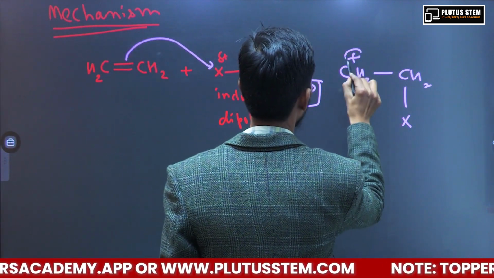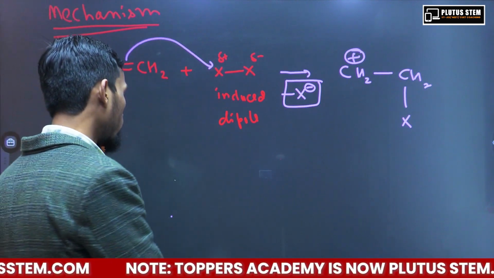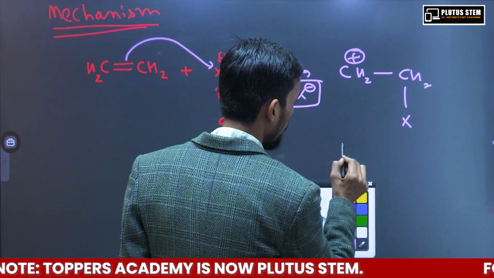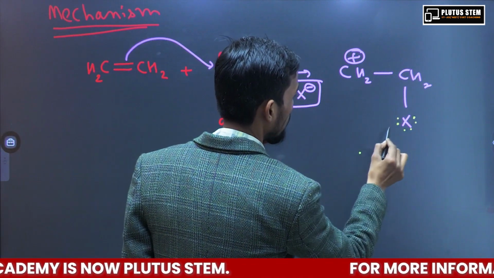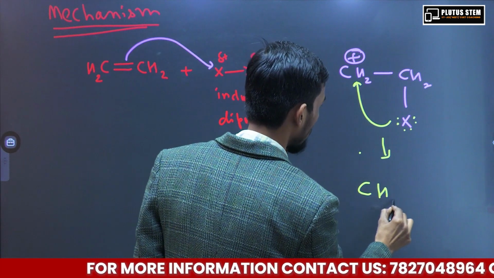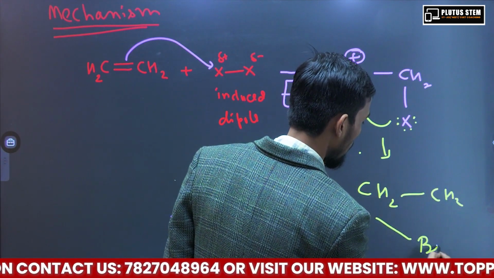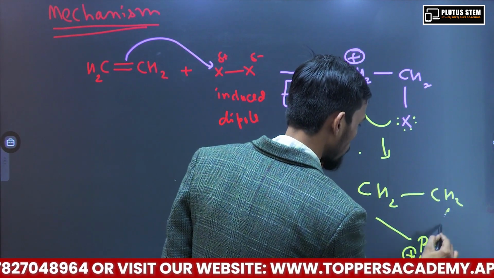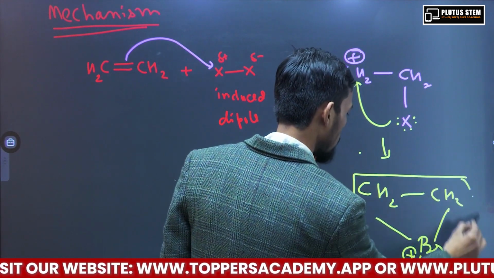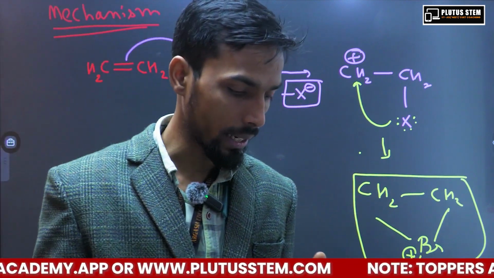So a positive charge is generated. To remove this positive charge, it is going to attack at this carbon, and we get a product like this, CH2 single bond CH2 with Br positive. A three-membered ring is formed over here.